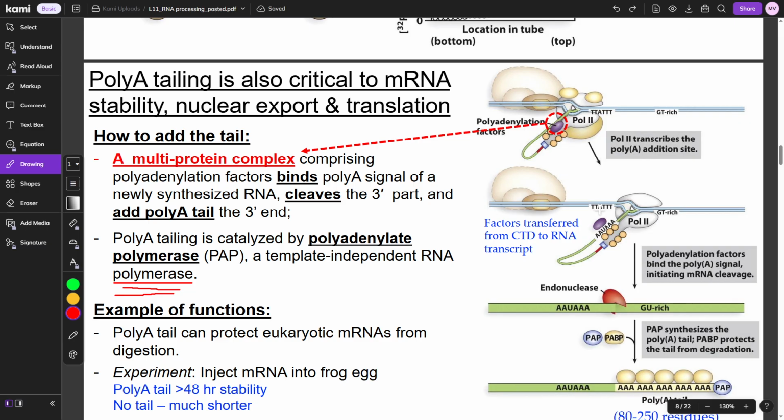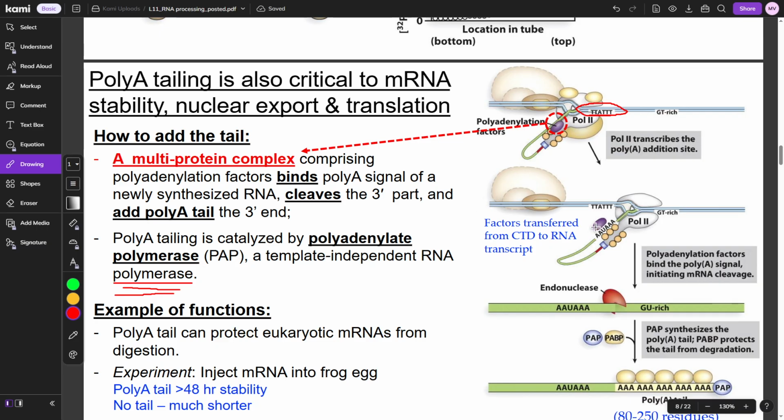And when that happens, the polyadenylation factor binds this sequence, and that initiates the mRNA cleavage. So essentially, first the RNA polymerase has to transcribe the sequence that the polyadenylate factors and the PAP recognize.